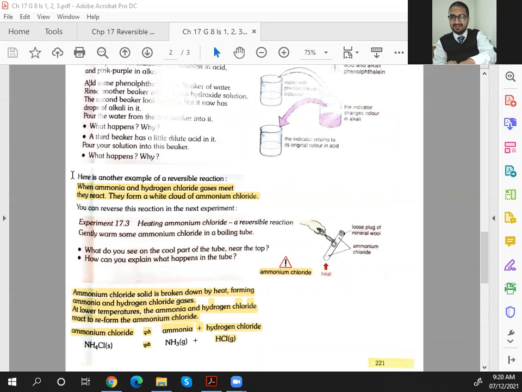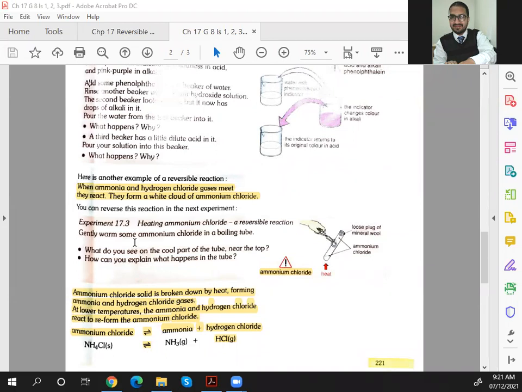Okay, first let me tell you a simple experiment. What happened in front of you here? Another example of a reversible reaction. When ammonia and hydrogen chloride gases meet, they react. We know that very well. Then they form a white cloud of ammonium chloride. Then the next experiment is going to tell us how we can reverse this reaction. It's not impossible, very easy. So please, can you read please?